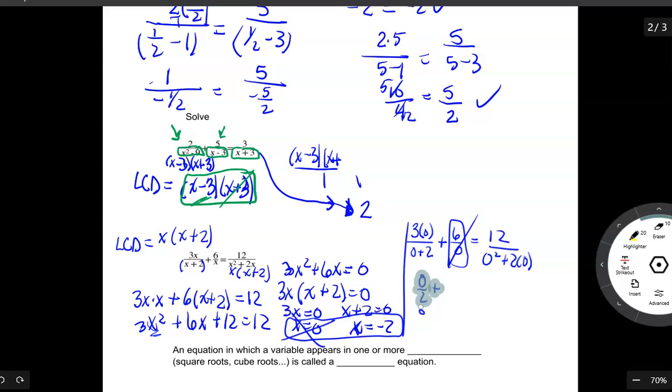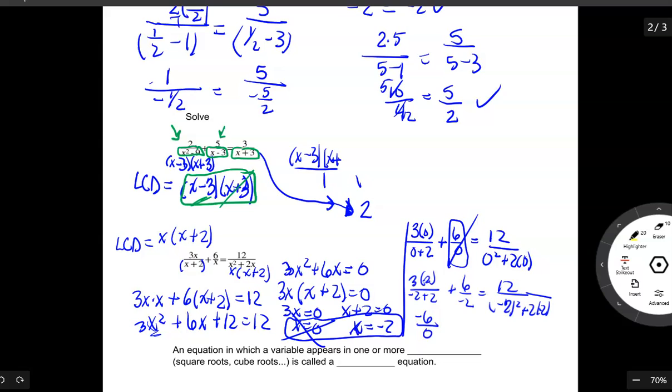Okay, let's try the negative 2. So same thing. Let me erase. Okay, there you go. I'm going to replace the x with negative 2. Negative 2 plus 2 plus 6 over negative 2. Okay, and if you already saw it, then you know that this one doesn't work either. 3 times negative 2 is negative 6, but look what happens in the denominator.